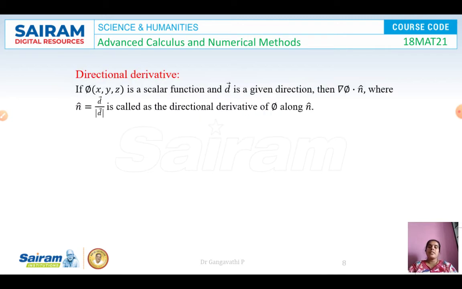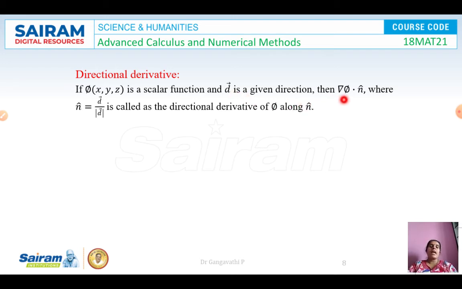Now there is another concept which we need to remember here, the directional derivative. As the name itself indicates, it is the derivative in a direction. In order to find the directional derivative of any function, consider a scalar function phi of x, y, z, which we know is a scalar, and vector d is the given direction. d may be any direction; you can take any small letters to represent a direction. So here d is being taken.